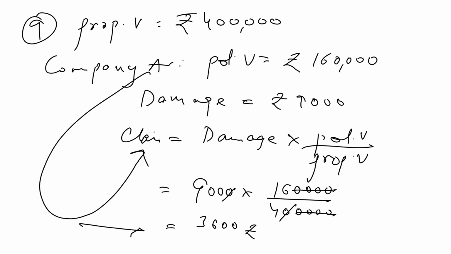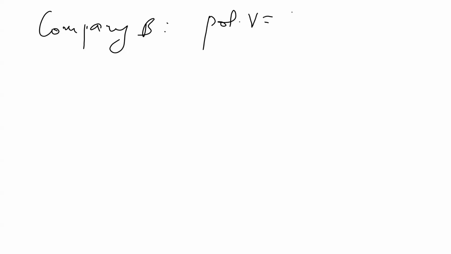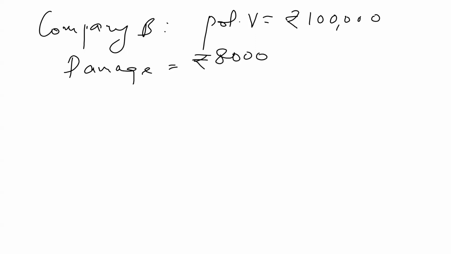Now the same calculation will do it for company B. Policy value is rupees 1 lakh. Then damage remains same, rupees 9,000. Sorry for that. It's given in the problem.